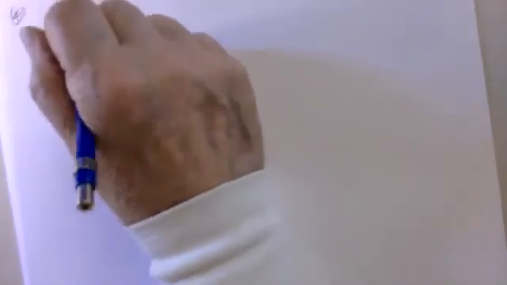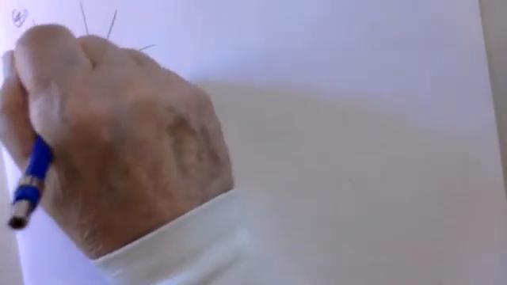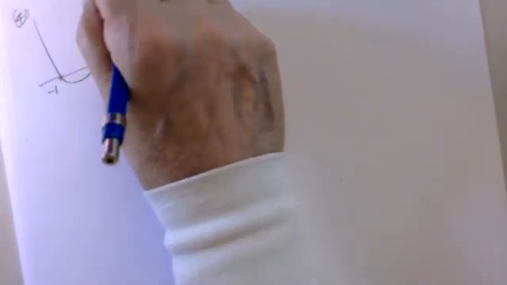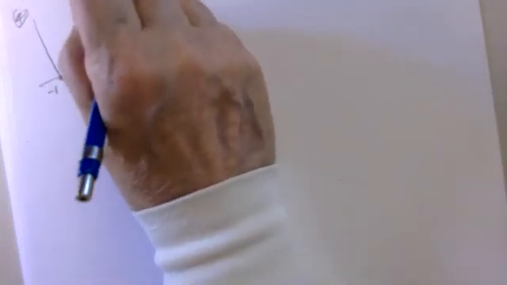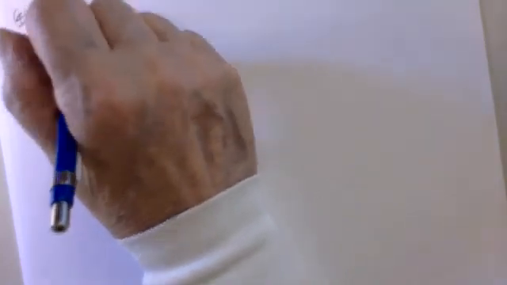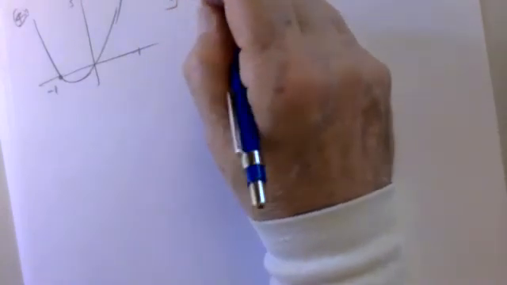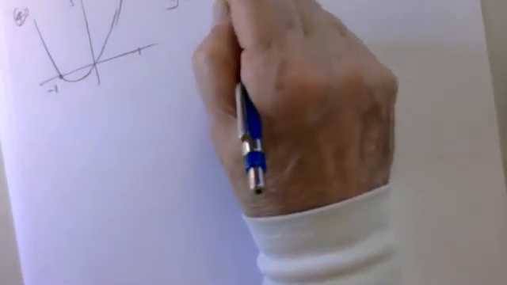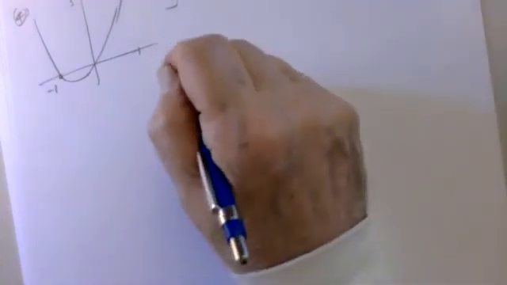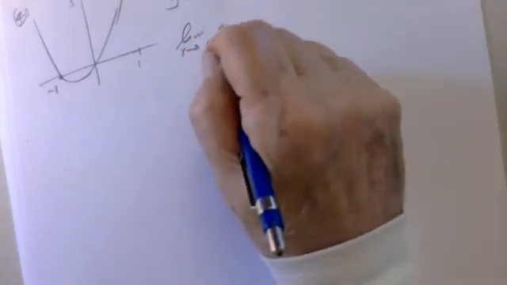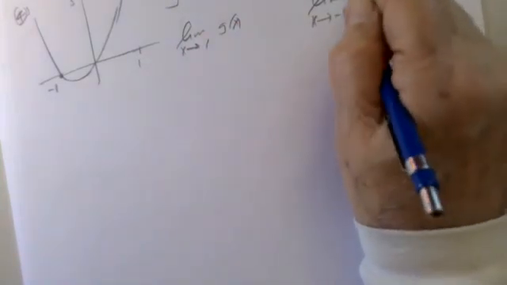So in 43, you have a graph that looks like that. And this is the graph of a function g of x equal to x cubed minus x over x minus 1. And I want you to find the limit as x goes to 1, and the limit as x goes to minus 1.